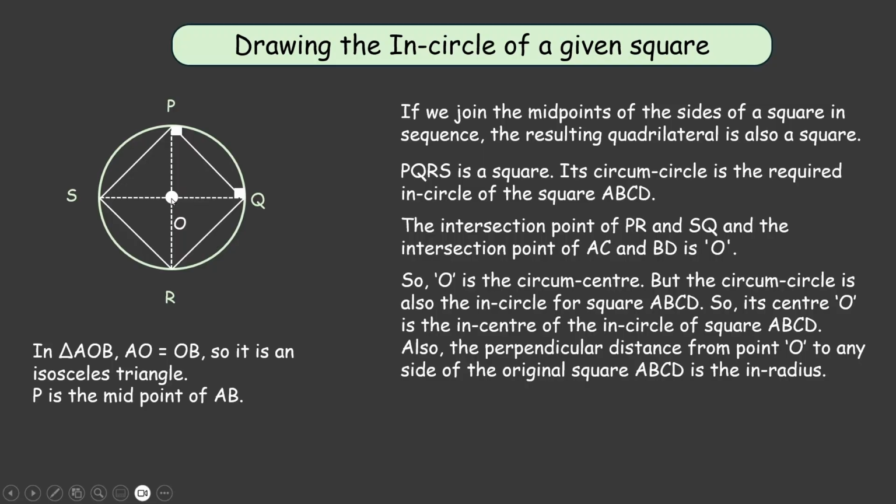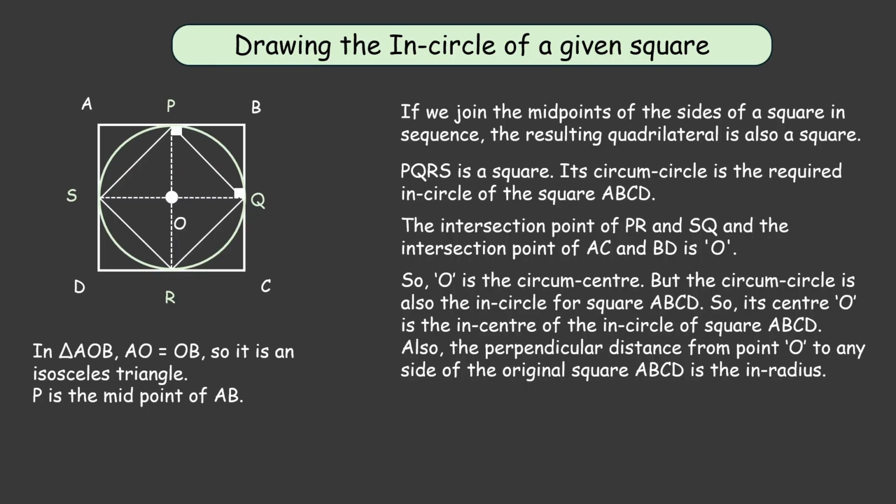So O is the circumcenter, but since this circumcircle is also the incircle of square ABCD, this O is the incenter of the incircle of square ABCD. So now the perpendicular distance from point O to any side of the original square becomes the inradius.